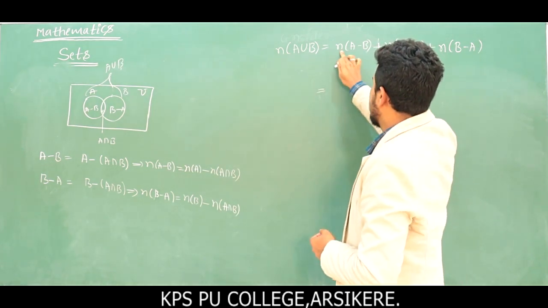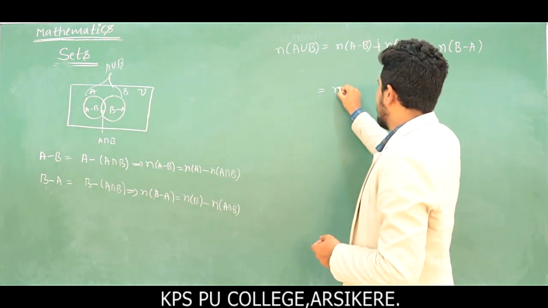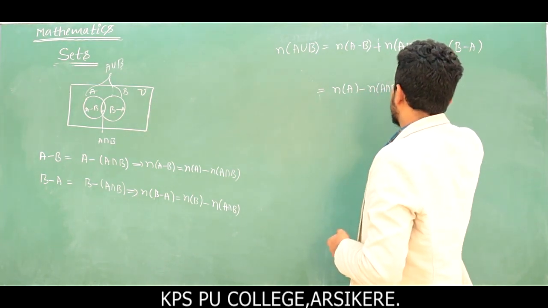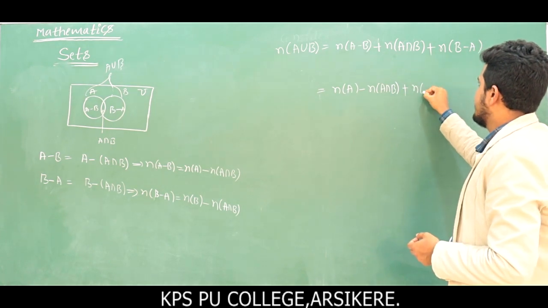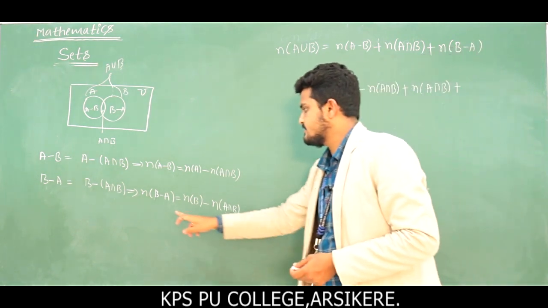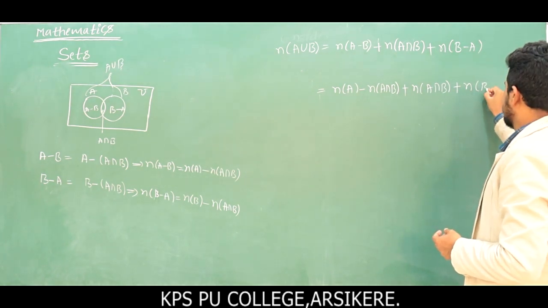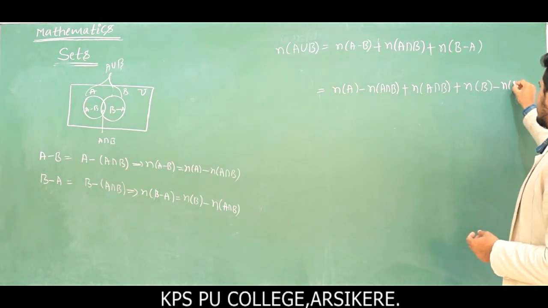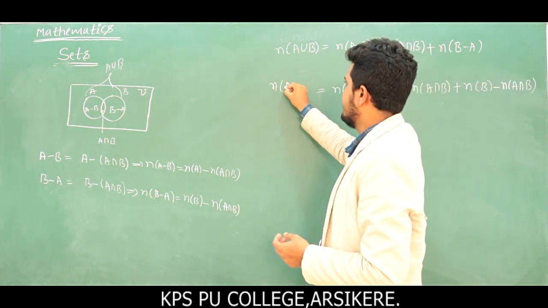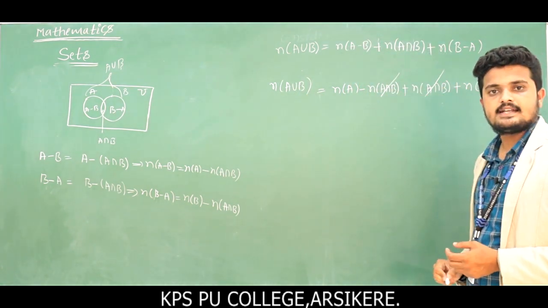n of A minus B is n of A minus n of A intersection B. Substitute the values. Write n of A intersection B as it is, plus n of B minus A, which is n of B minus n of A intersection B. That equals n of A union B. Here minus and plus get cancelled.